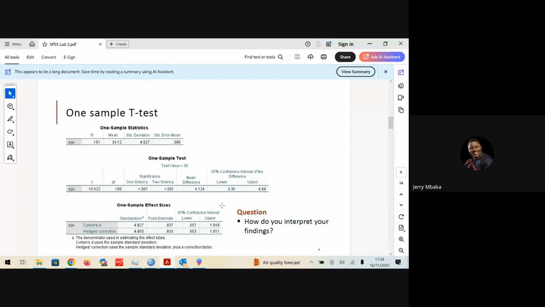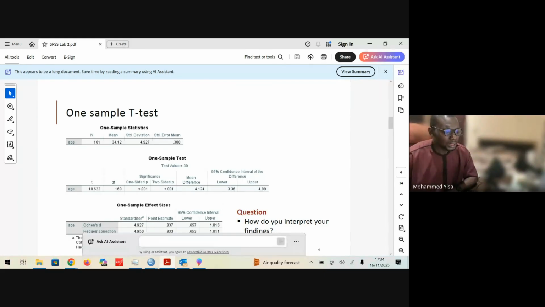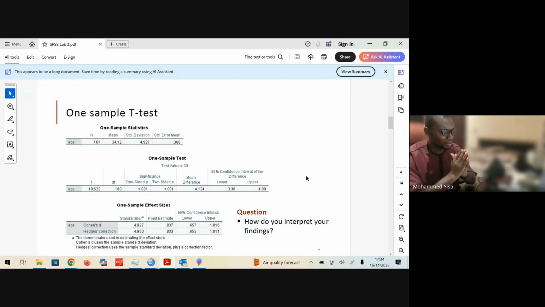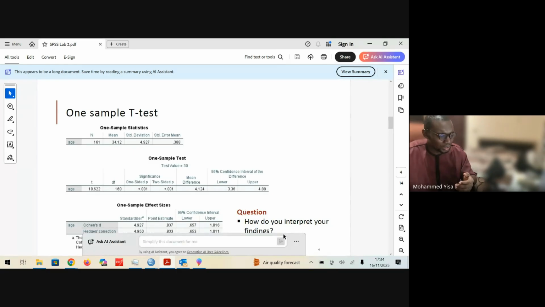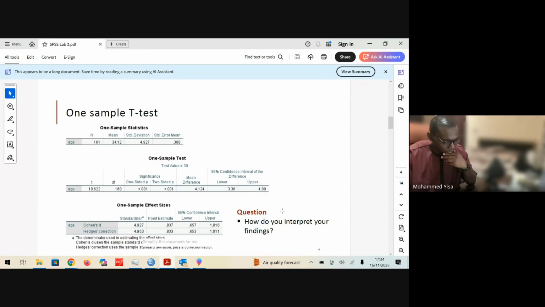Yes, we can see. Okay, so we have now determined that the average age of the resident doctors is significantly different from 30. How do we interpret this? How do we report this in a paper? The person that asked the question about mean difference has already taken a step towards the answer.